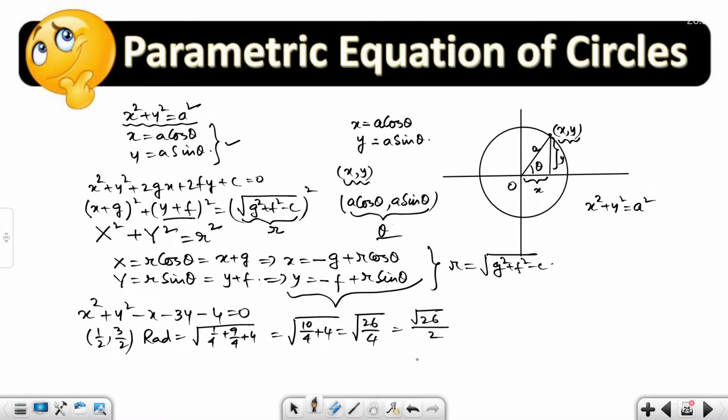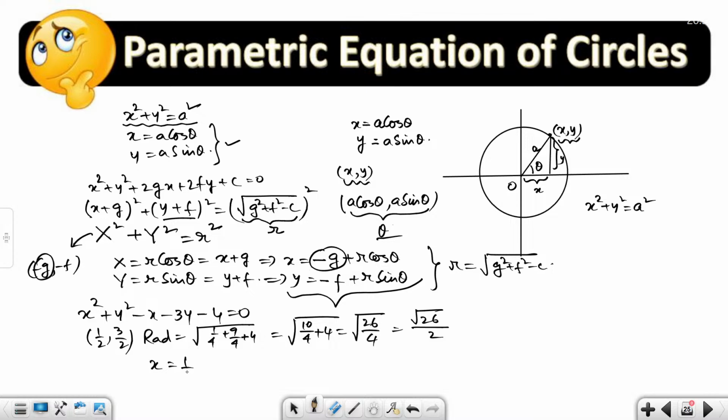Okay, that's the radius. So what is the parametric form? X equals minus g. What is the center here? It's minus g comma minus f. I simply pick that and put it here.